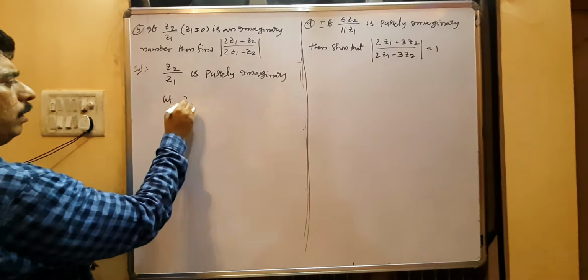In the denominator also z1 common: 2 minus 3 into z2 by z1. z1 cancels. So that is 2 plus 3 into the z2 by z1 value, which is 11 ik by 5, over 2 minus 3 into 11 ik by 5. Taking the LCM 5, we get (10 plus 33 ik) by 5 over the denominator, also the same, 10 minus 33 ik.